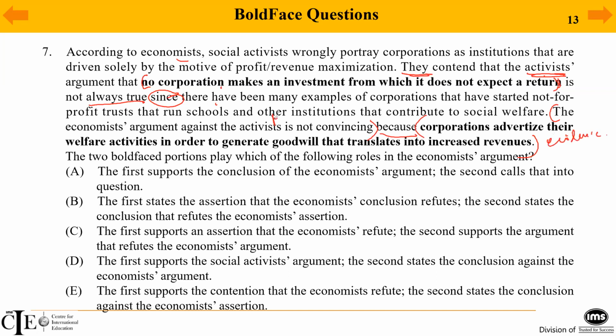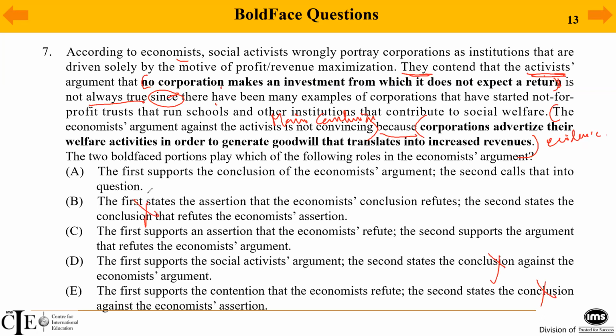This is the main conclusion. Okay. Is that clear, Abhishek? So clearly the second boldface is not the conclusion. It is supporting the conclusion. Therefore, it is an evidence. So which rules out three options straight away, B, D, and E.